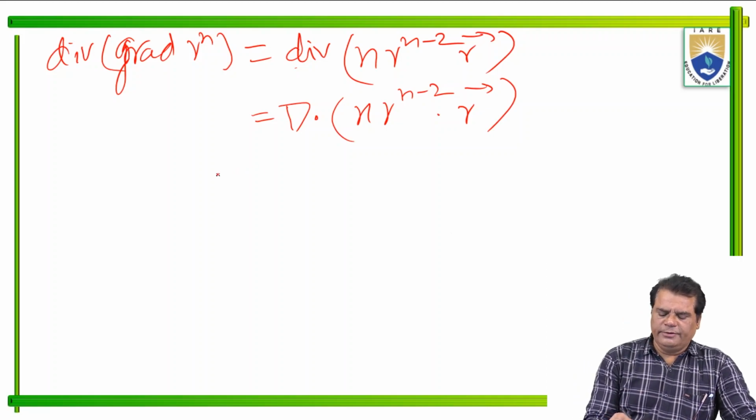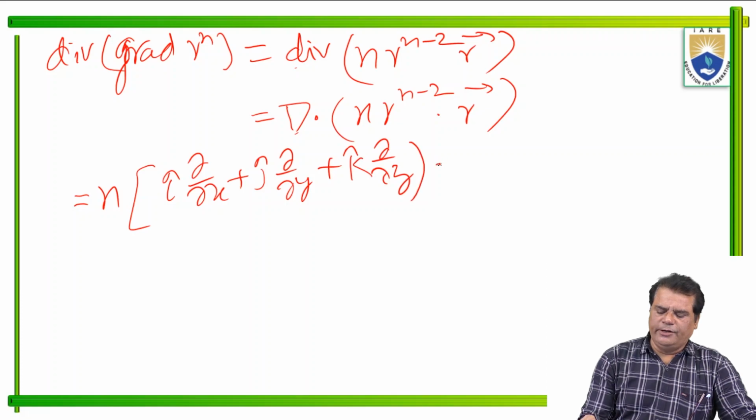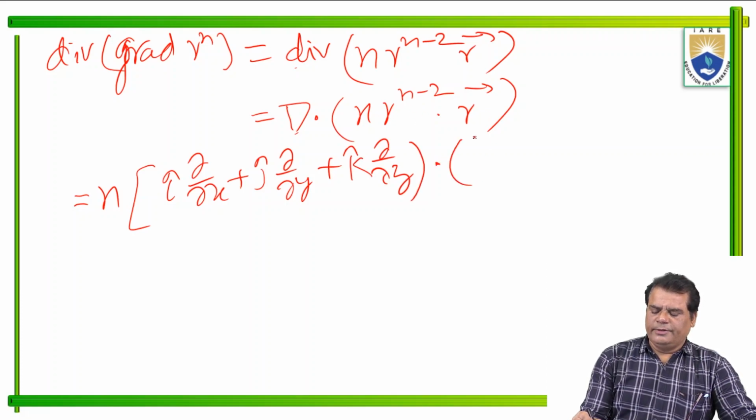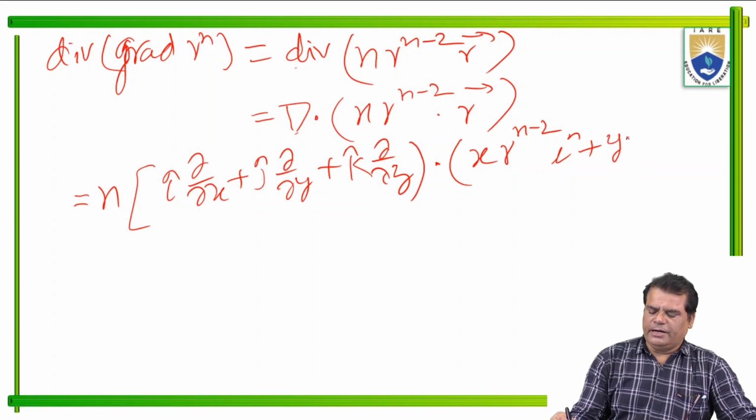So n is common; taking it out in the bracket, del is i dou over dou x plus j dou over dou y plus k dou over dou z, dotted with r, that is x r to the power n minus 2 i plus y r to the power n minus 2 j plus z r to the power n minus 2 k.